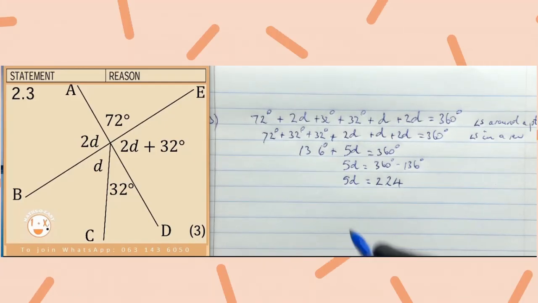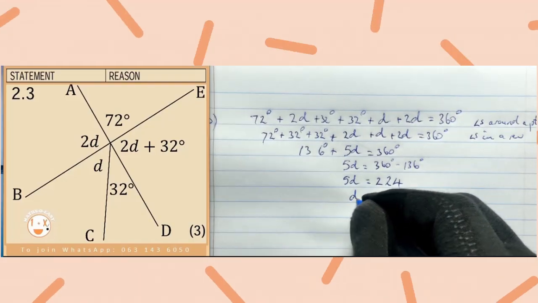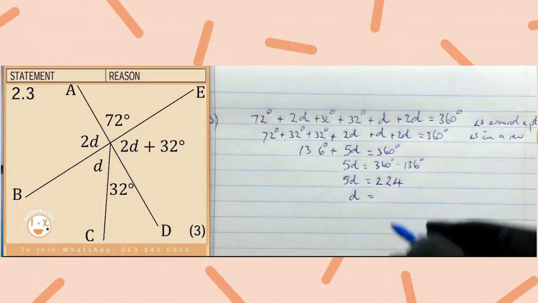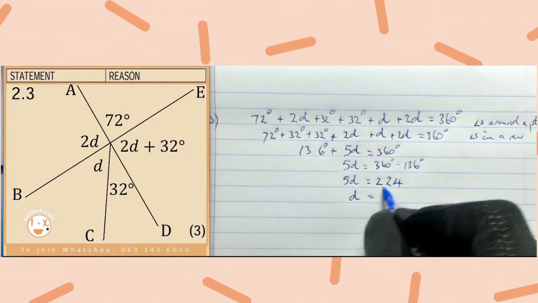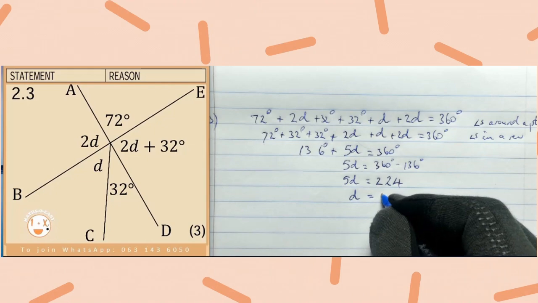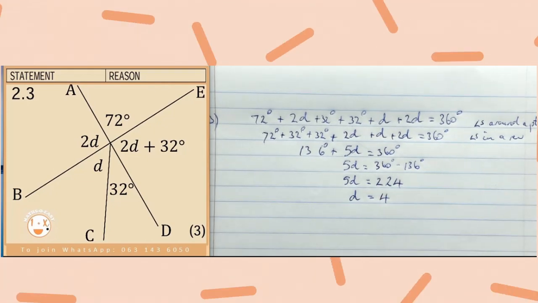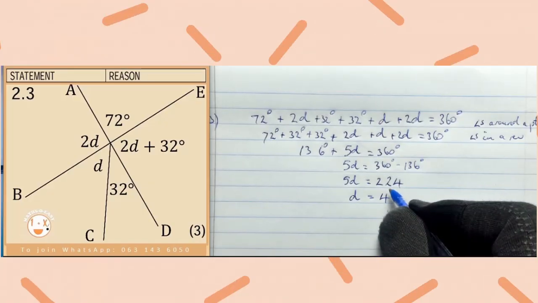So it means the examiners are very nasty. You can divide this by 5 and you get what? Here I will get a 4. Then I'll be left with a 2, and then I will have a 24.